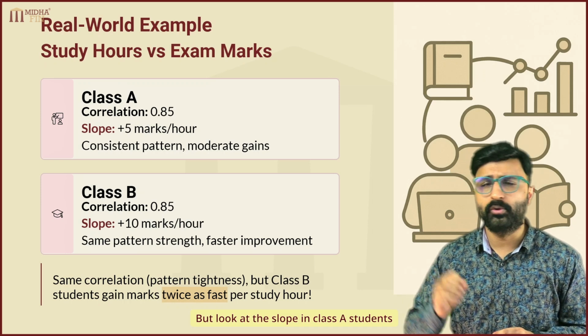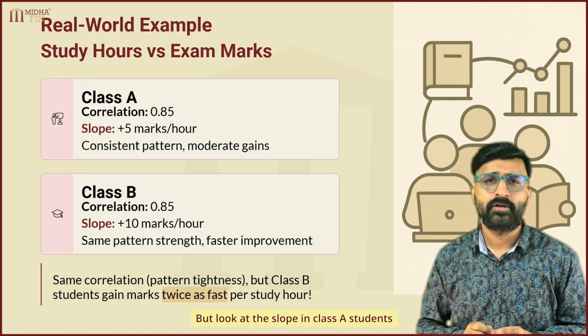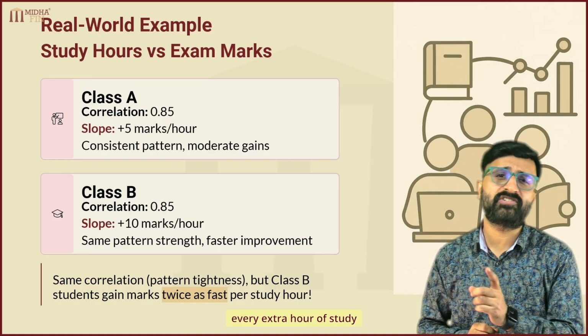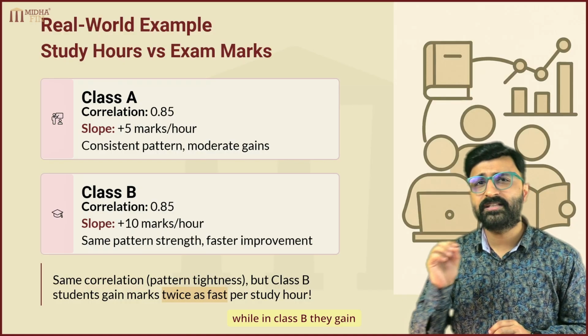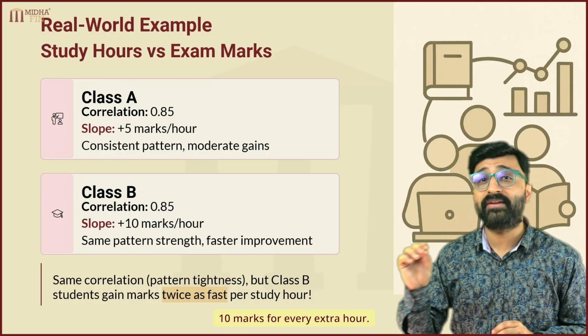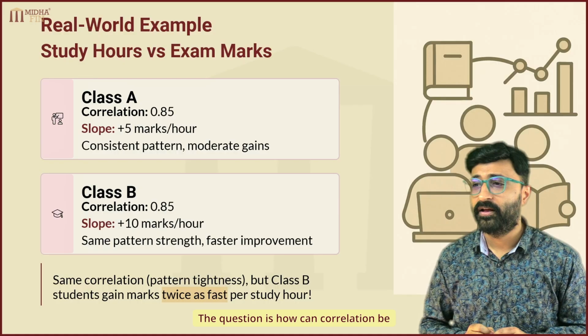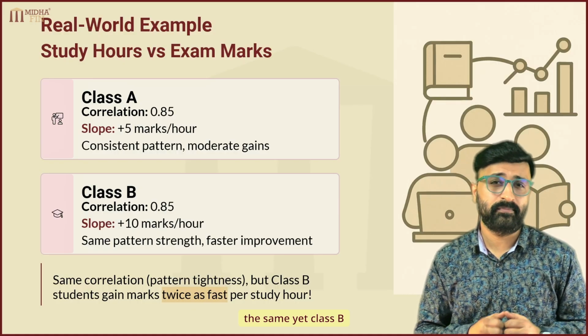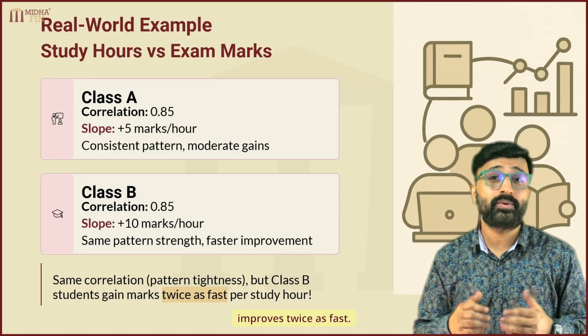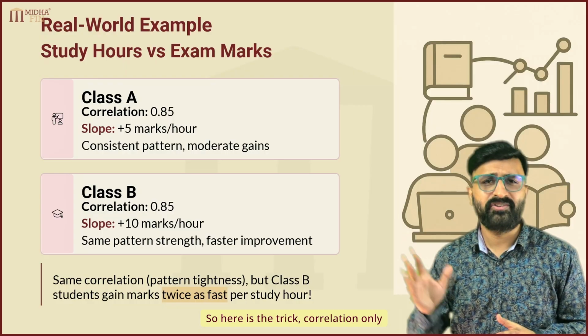But look at the slope. In class A, students gain 5 marks for every extra hour of study, while in class B, they gain 10 marks for every extra hour. The question is, how can correlation be the same, yet class B improves twice as fast? So here's the trick.